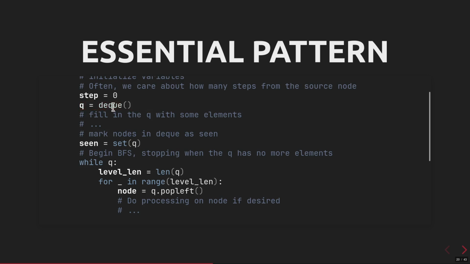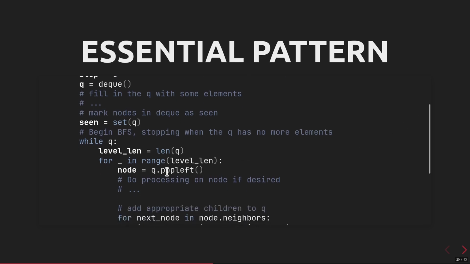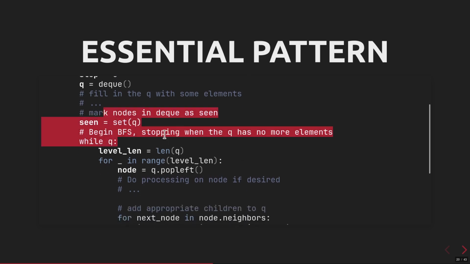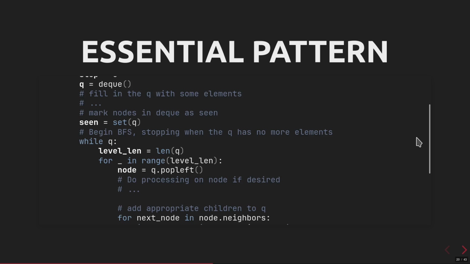In Python, we use a deque as the queue, and you might fill in the queue with some elements. You'll have to decide which elements to start with. In a graph in general, but you don't have to worry about this if you're dealing with a tree, you're probably going to create some kind of set, or maybe some kind of table, to know whether you've seen that node before, so you don't accidentally enqueue something onto your queue that you've already seen before.